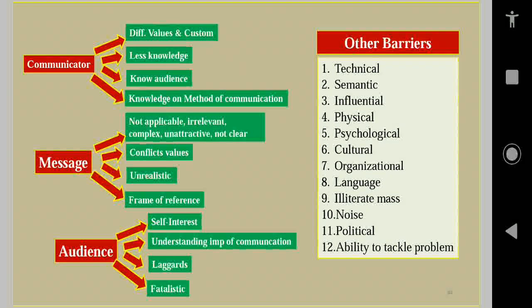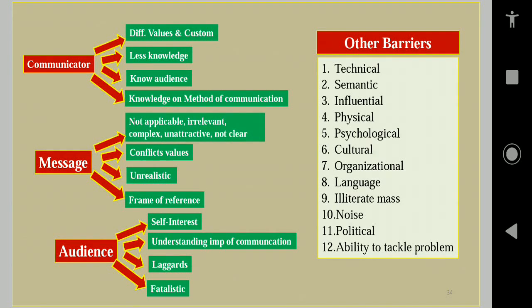Then come to the next one, barriers related to the message. First, not applicable, irrelevant, complex, unattractive, not clear. If the message is any of these, then there will be a barrier in transmission of information. If the message conflicts with the major values of the audience, then also a problem.